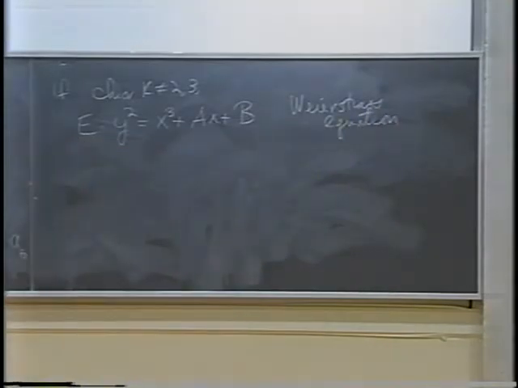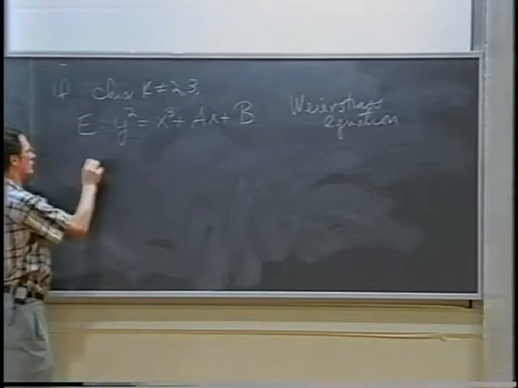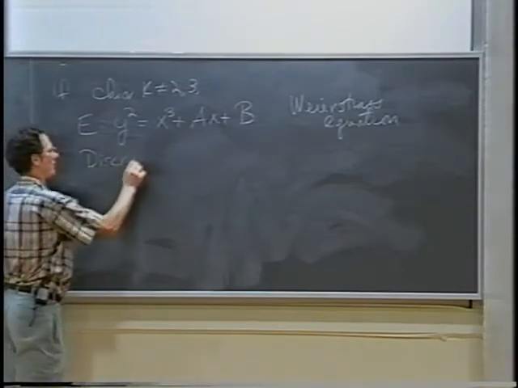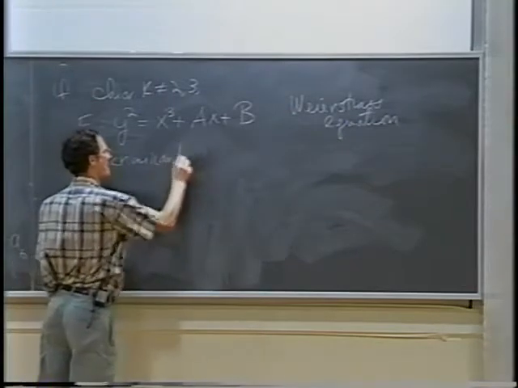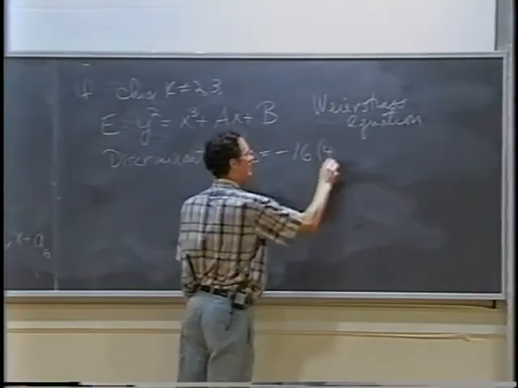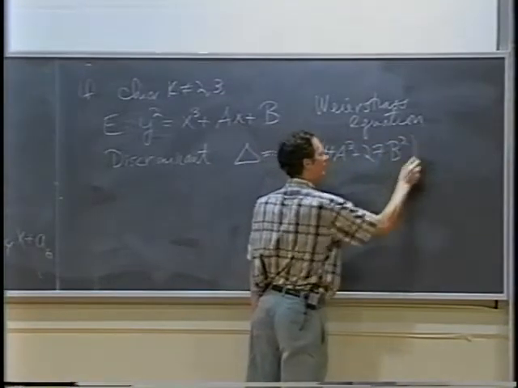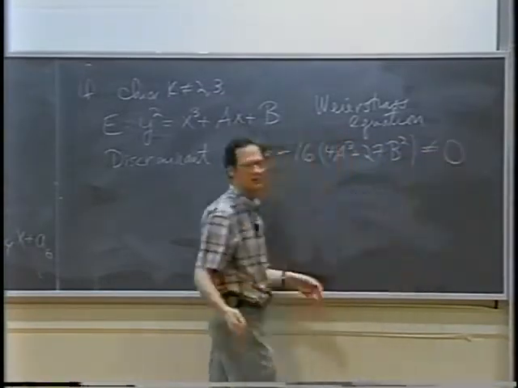Now, the non-singularity of the curve E is equivalent, at least in this case, to the discriminant being non-zero, which for this curve is minus 16 times 4a cubed plus 27b squared. It doesn't vanish.